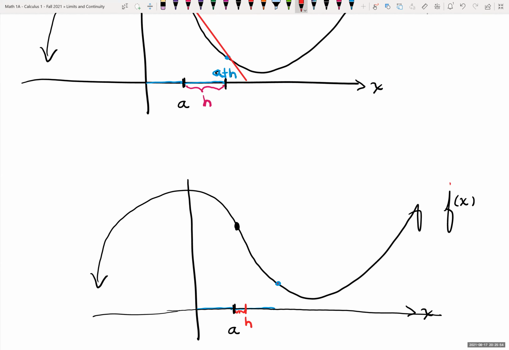And so let's make h get closer to 0. I'm making that distance between my a and that value I'm adding to it closer to 0. And so now if I look at what a plus h is, where's my y value? This is my f of a value. And I want to find the slope between those 2 points.